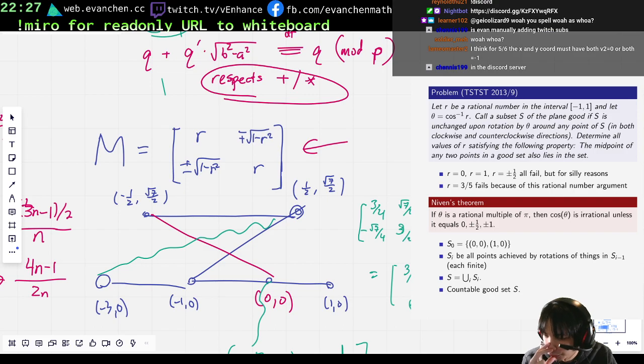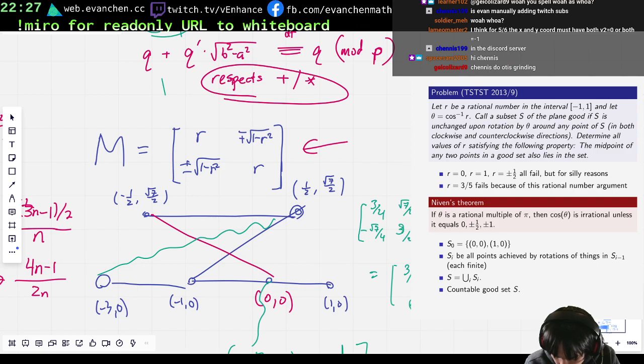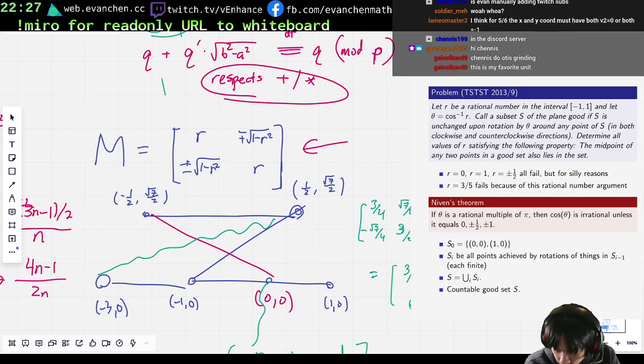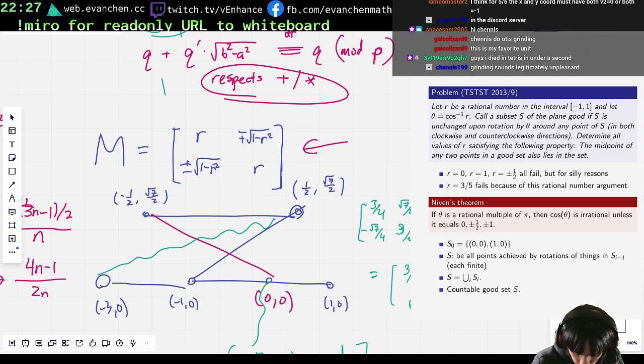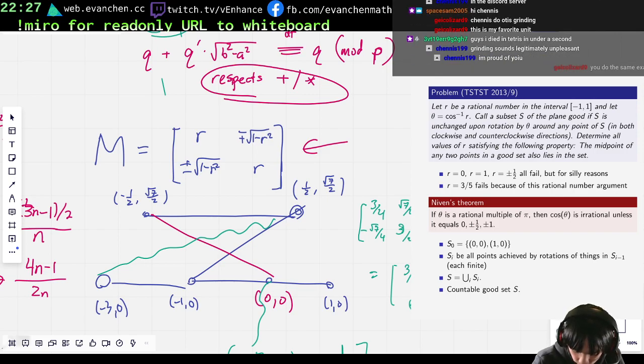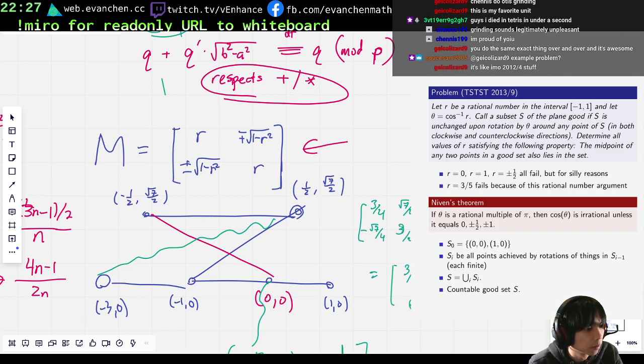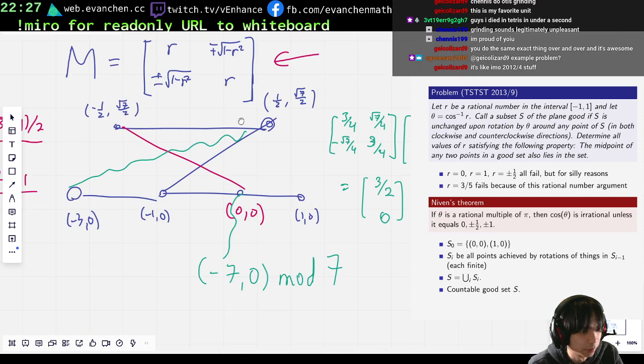The x and y coordinate both have v2 equals 0 or both equal -1. So I look at x minus y. That's not a bad idea. Okay, so for 2n minus 1 and 2n, man, what a disaster.